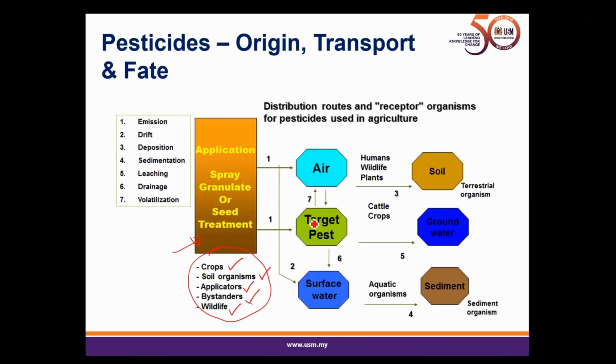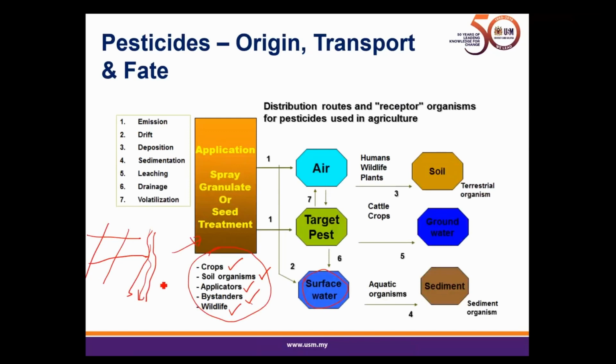It can be an insect or weeds or whatsoever, and then it can also drift to the surface water. So let's say you have a piece of land, say this is a paddy field, and you apply the pesticide on the paddy field, and you have a river flowing next to it.